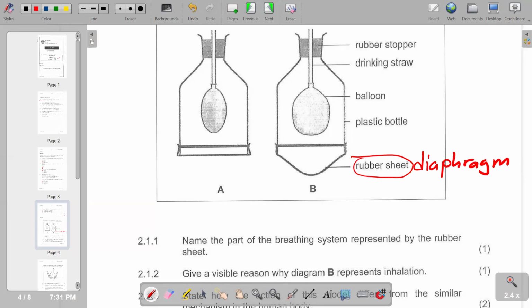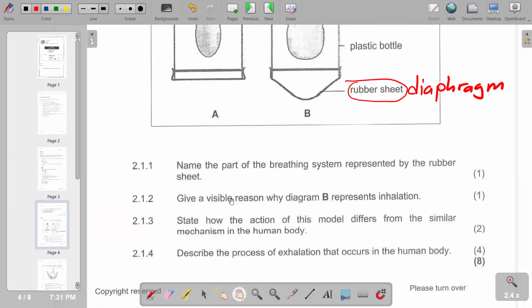Then we go to the next question, number 2. Give a visible reason why diagram B represents inhalation. Remember, when we are talking about inhalation, it happens when air or other gases enter the lungs. So basically, that's when we experience inhalation.